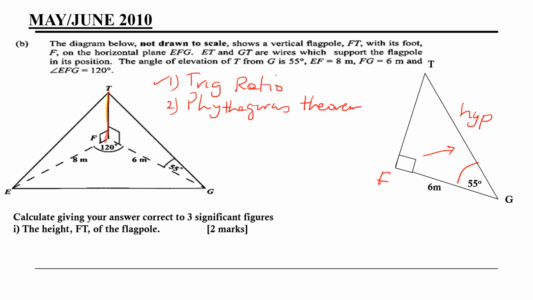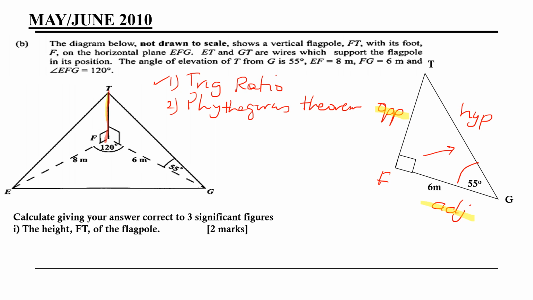The side of the triangle that's closest to the angle is known as the adjacent, and right on the opposite is FT. Now we have the adjacent, and we are trying to find the opposite. Now which trig ratio does that represent?